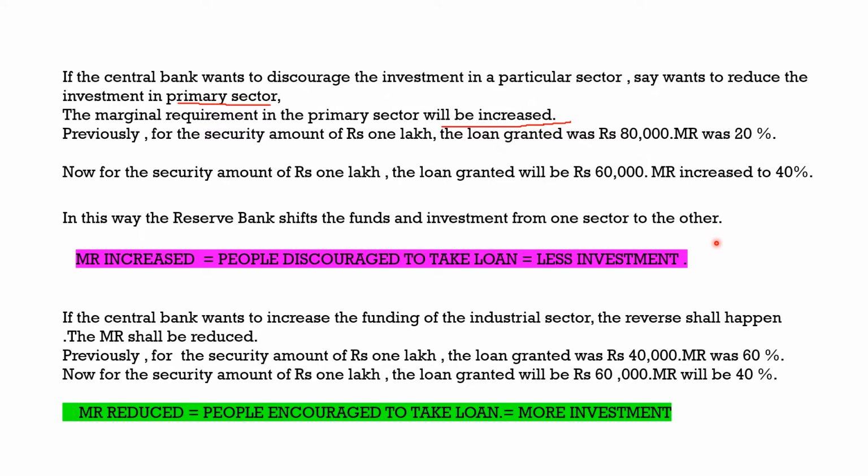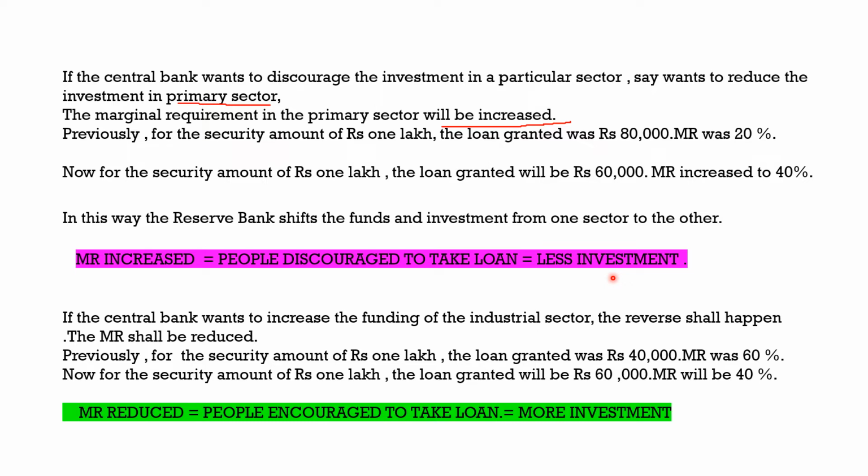People will be discouraged from taking loans from there. Obviously, you will be keeping the collateral for 1 lakh and you will be getting just 60,000 in your hand. So people will say, oh, that's a very bad bargain. So less investment in that sector will automatically get influenced.